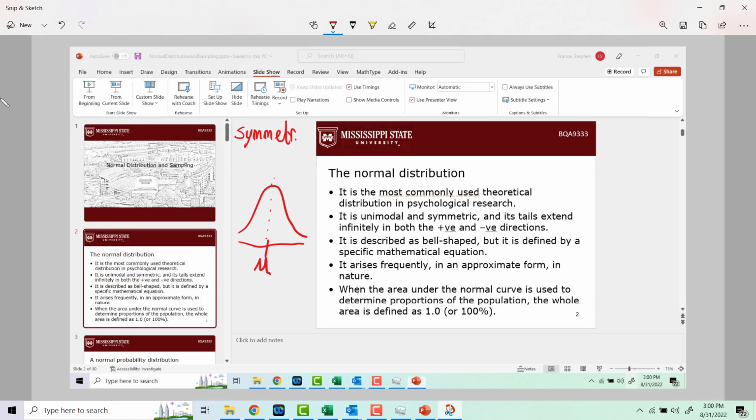If I could draw better, it would be symmetric, i.e. one side mirrors the other. It's unimodal. And another name for it is the bell-shaped distribution, or, after the founder, the Gaussian distribution.